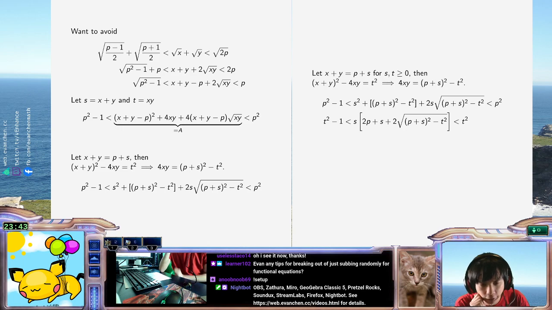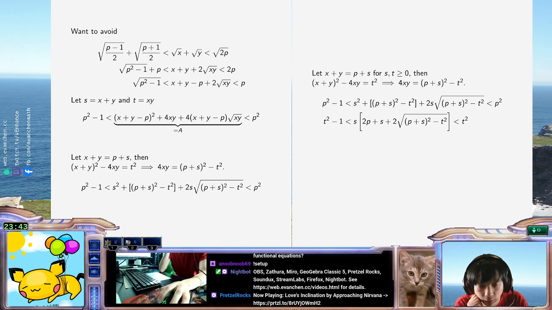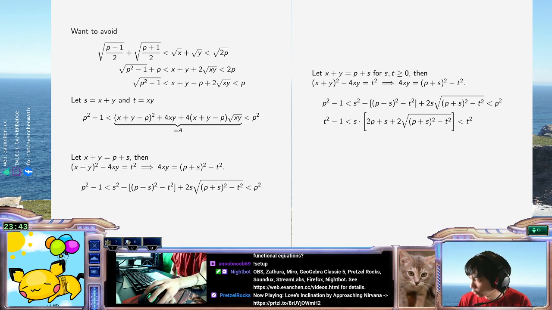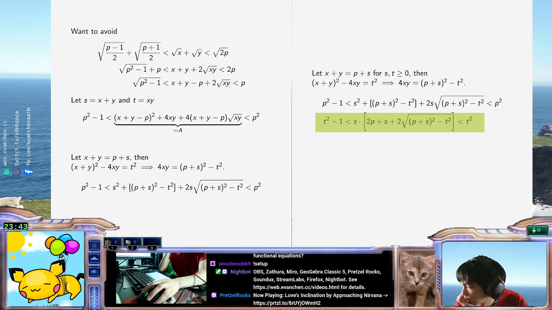Because this is for xy, I don't expect the square root to be 0. So my goal was to show that for positive integers s, t and prime p, this inequality can never be true.